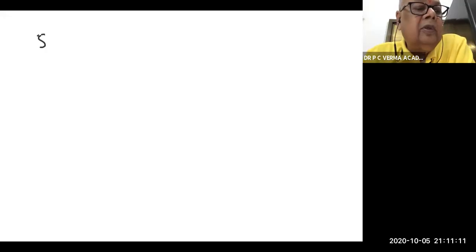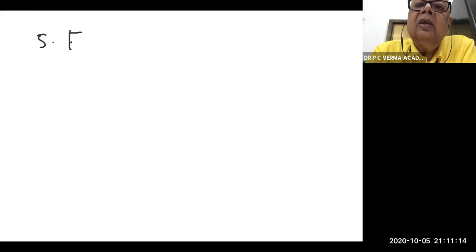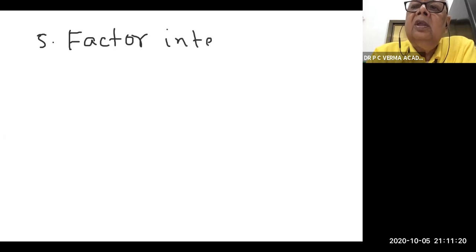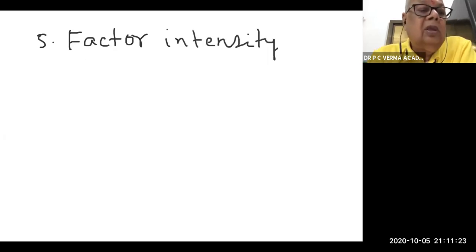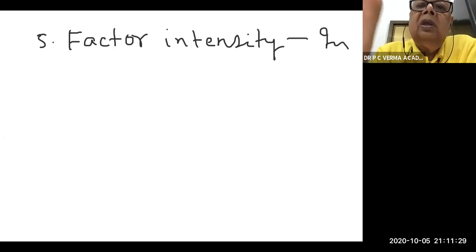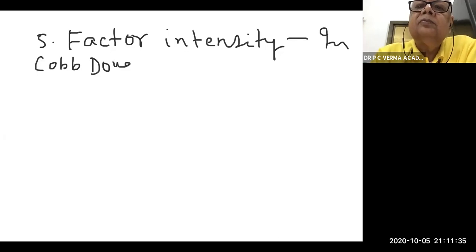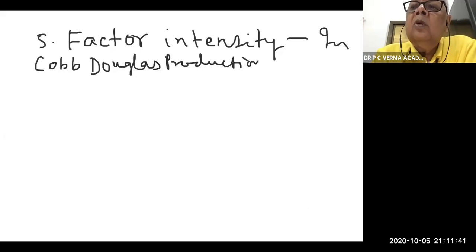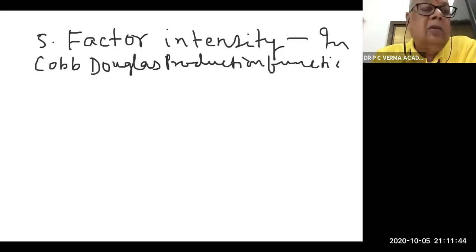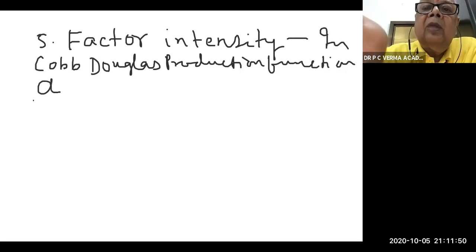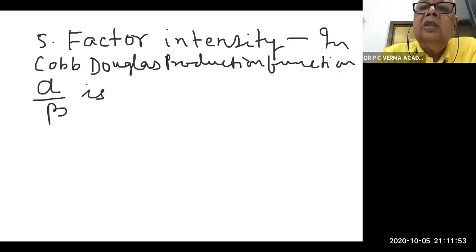Number 5. This is called factor intensity. In Cobb-Douglas production function, alpha by beta is factor intensity.